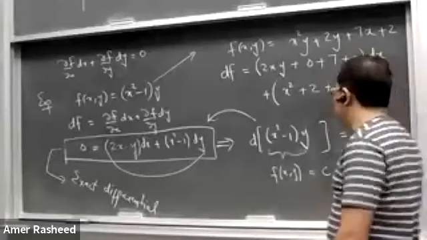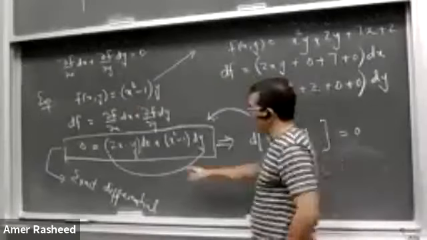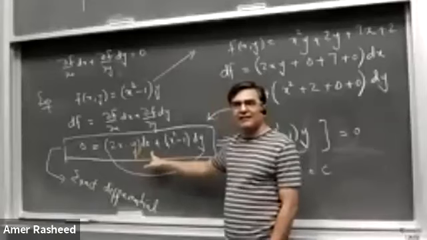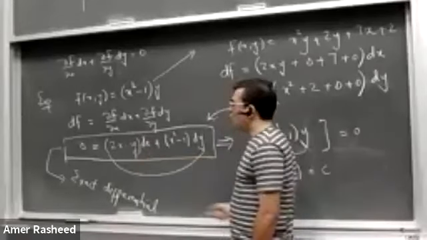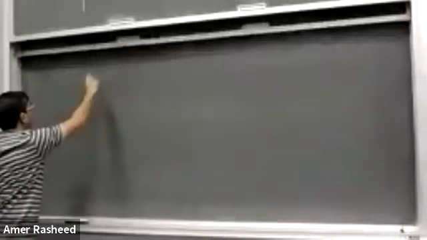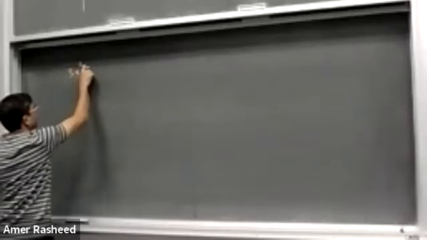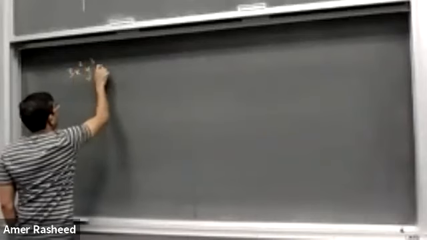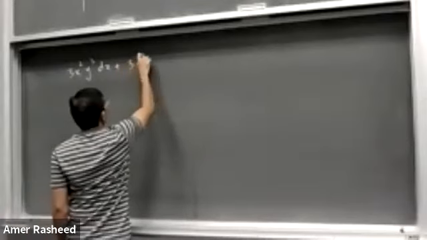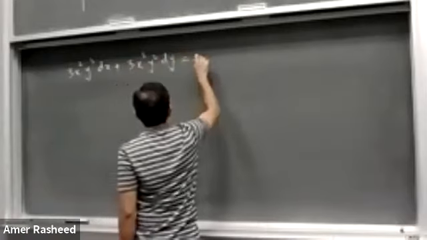Now here in these two examples, we already knew that there is some function. We started with the function and arrived at this differential. What if we are not given the function? We are simply given the differential, for example, 3x square y cube dx plus 3x cube y square dy is equal to 0.